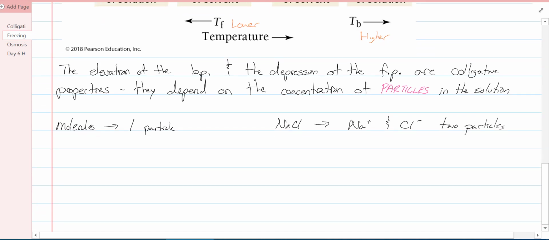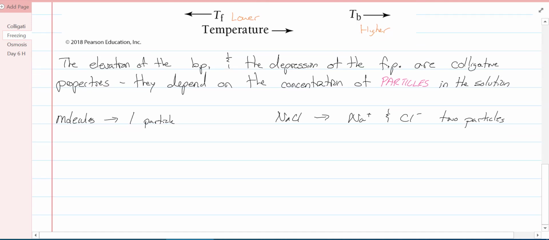Okay, so there's something called the Van't Hoff factor. We're going to call it i, and it's the number of particles produced.